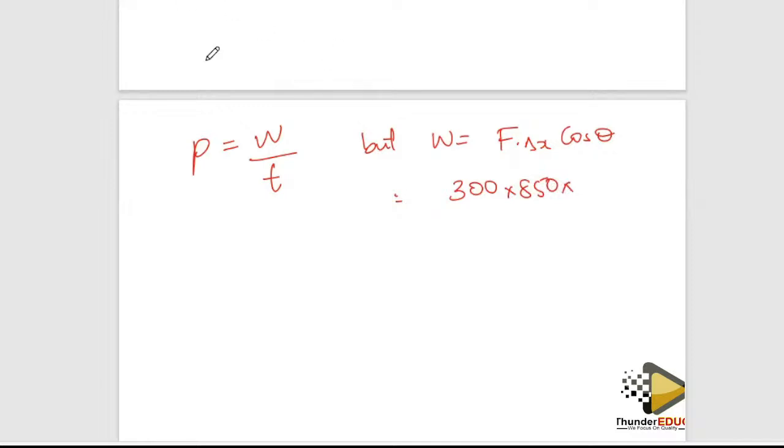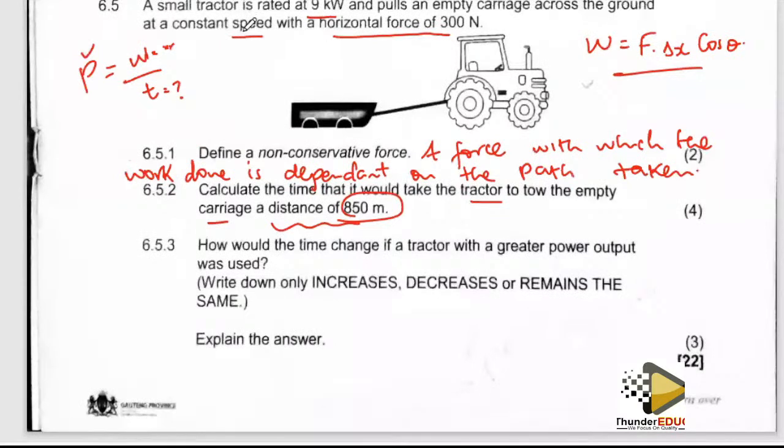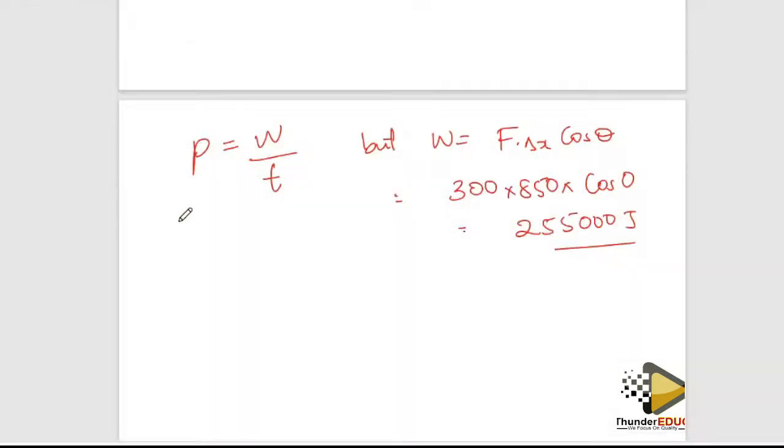And then times the cos, I'm going to use 0 since it's not acting in the opposite direction. So 300 times 850 cos of 0, I'm getting 255,000 joules. Then I'll do my substitution. The power that they gave us was 9 kilowatts, which is 9 times 1,000, which is 9,000 watts. So I'll say 9,000 watts is equal to 255,000 over time.